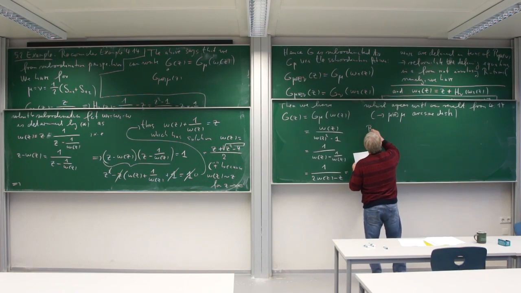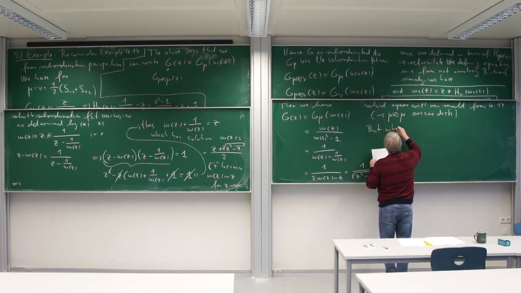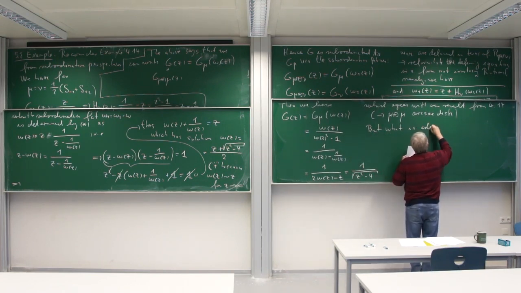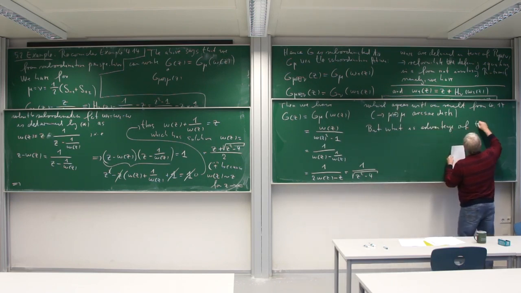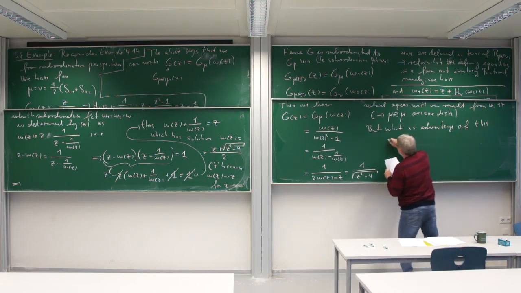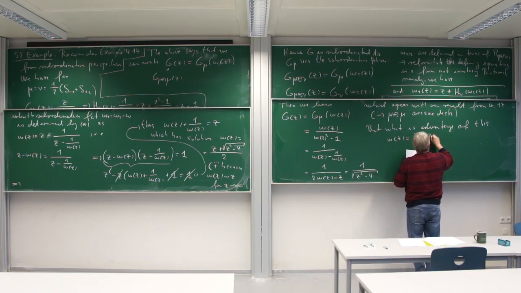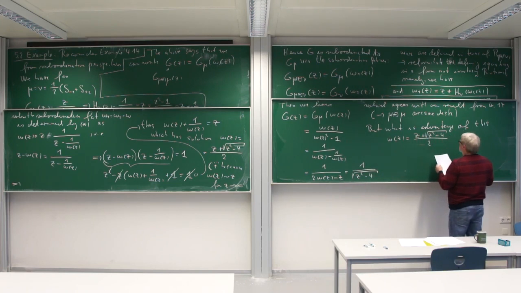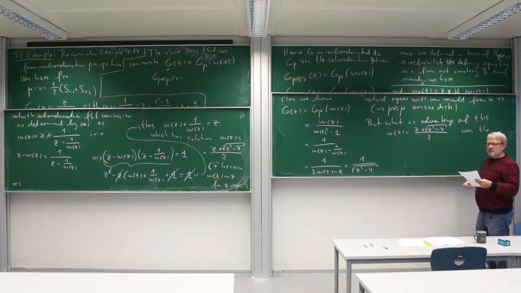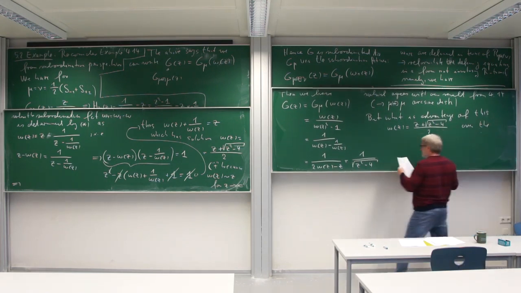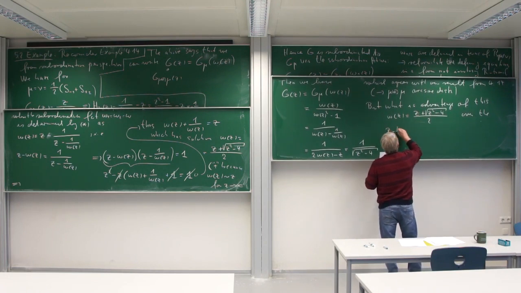So the question is, what is the advantage of this solution, let's say omega of z, so this is z plus the square root of z squared minus 4, divided by 2, over the R transforms which we calculated before?